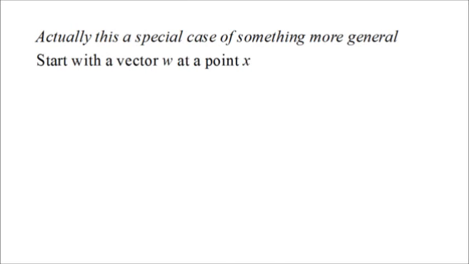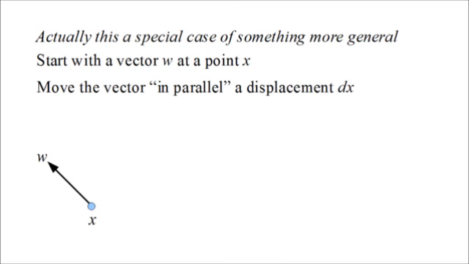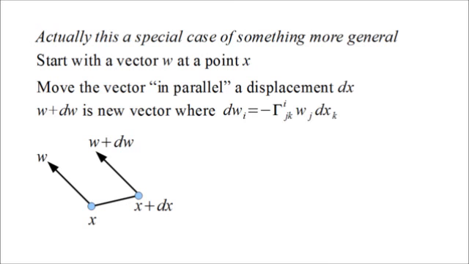If you go to any point in your space and you draw any vector, any arrow pointing in some direction, and then move the base of that arrow a little displacement dx while keeping the arrow parallel to itself, at least what you think is parallel in your space, you find that the components of that vector will change by some dw. And those dw are given by an equation that looks very much like the geodesic equation.